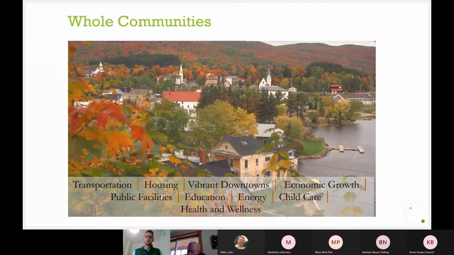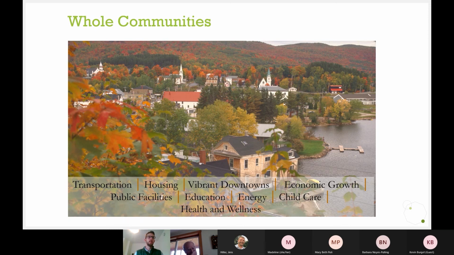Many of us are drawn to the work of conservation because of our own personal interests in the natural world. And yet, as you get more involved in town government, we want you to be thinking about resources beyond the natural world. To be a town, you need to engage in this concept of a whole community.